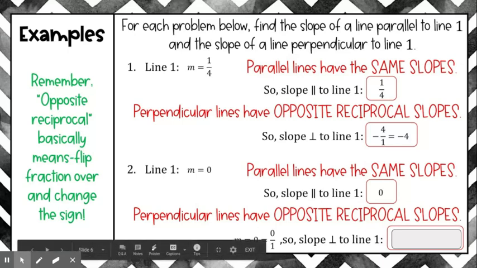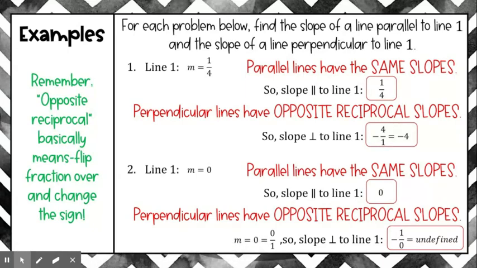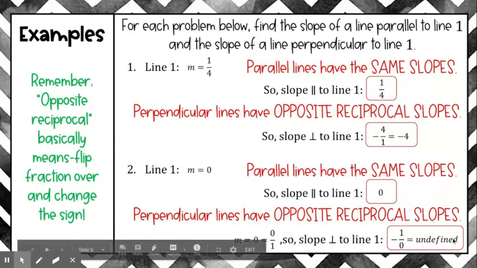So the slope that's perpendicular to line 1 is going to be 1/0, and that's going to be undefined, because remember we talked about how you can't have 0 on the bottom of a fraction. So it's going to be undefined.